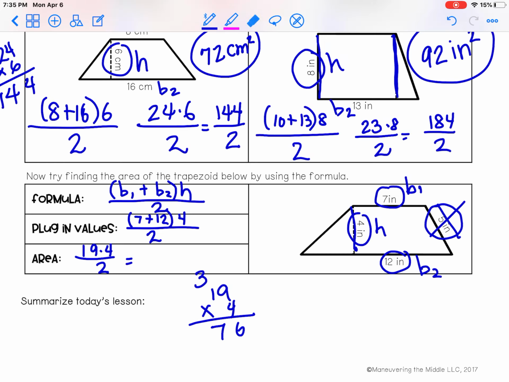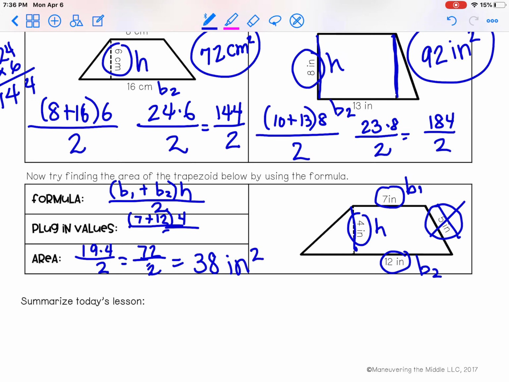So now we have 76 divided by 2. 76 divided by 2, I'm not sure, so I'm going to do the math. 2 goes into 7 3 times, with 1 left over, 2 goes into 16 8 times. The area of this figure is 38 square inches.